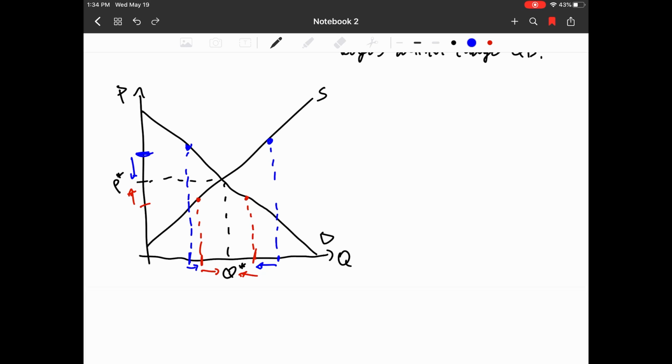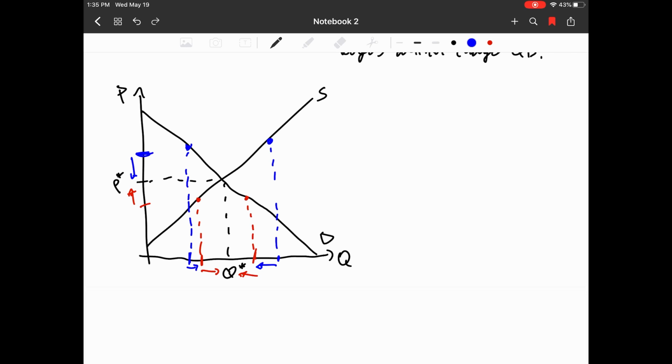So let's walk through some algebra. We use the graph to model supply and demand, giving us the intuition for why equilibrium is here. So let's use this plus the example of the linear supply and demand functions that we have already solved for to solve algebraically for the price and quantity we would expect in the market. So we know equilibrium price must be the price that equalizes QD and QS.